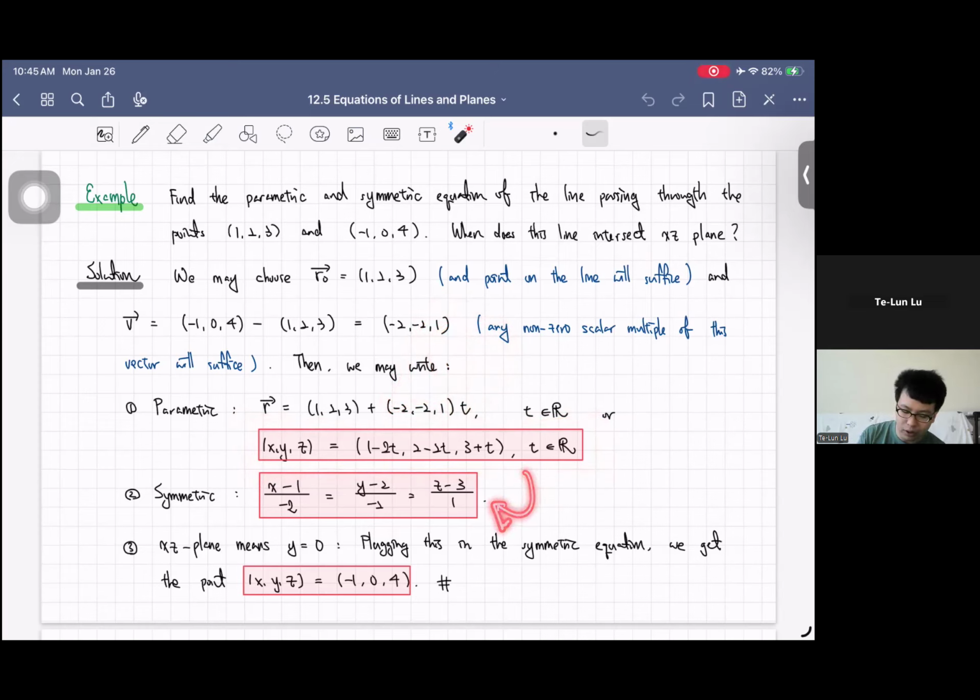If you plug in y equal to 0, you will simply get 1 in the middle term, and you can solve correspondingly for x and z. So whichever you use, parametric or symmetric, you always get the point to be -1, 0, 4. That'll be the point on the line and the XZ plane, right? So this is a standard example of how you can solve for the equation of a line passing through 2 points.